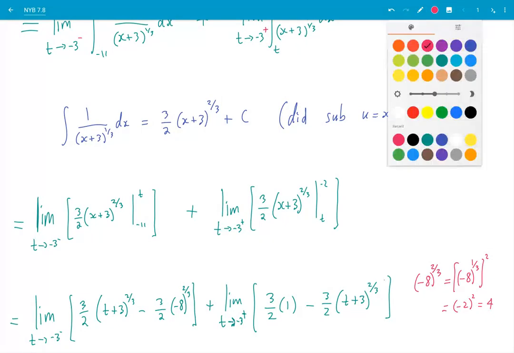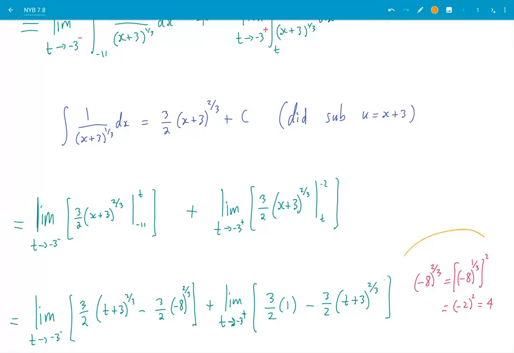Now I have this funny, not so funny calculation over here. Fractional exponents I deal with by kind of breaking them into two steps. Now you don't want to go negative 8 squared and then 1/3 afterwards, right?